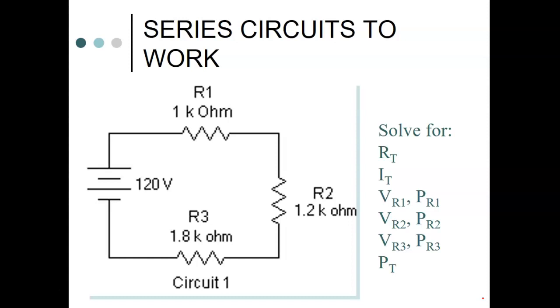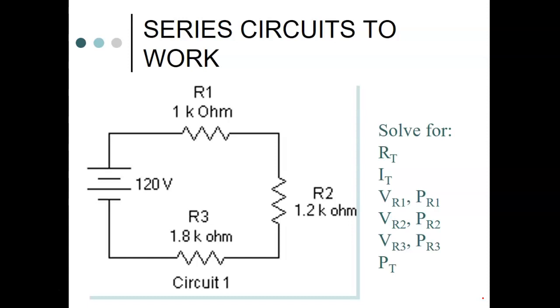And no, I'm not putting my ohm symbols on here. Yes, you probably should do so as practice. The reason I'm not is because, A, I run very short on space when I do.